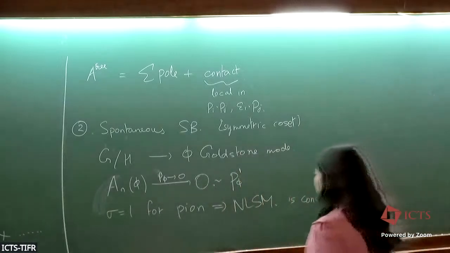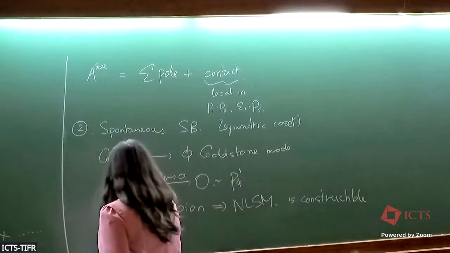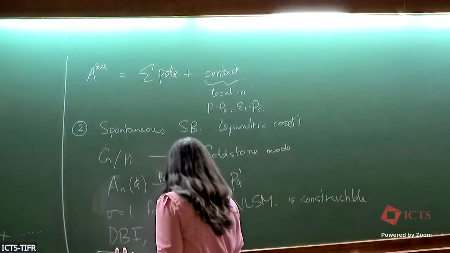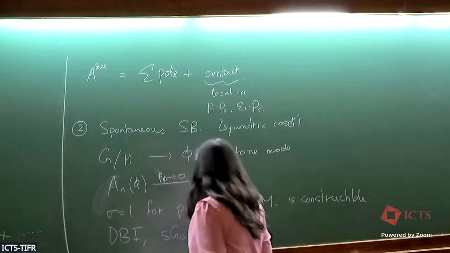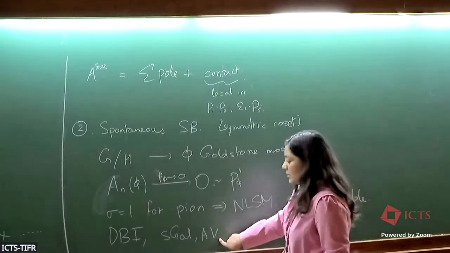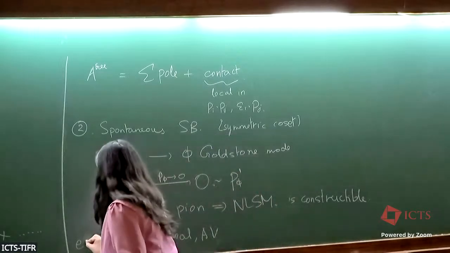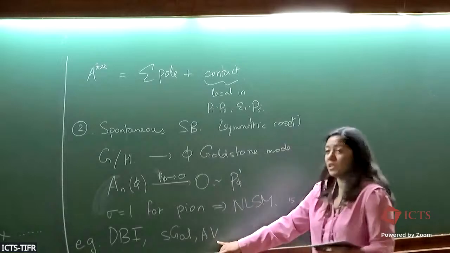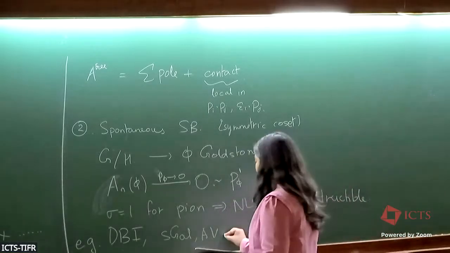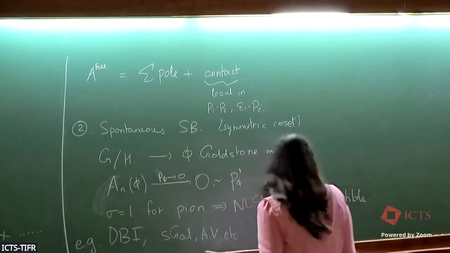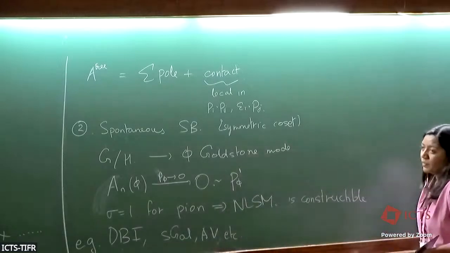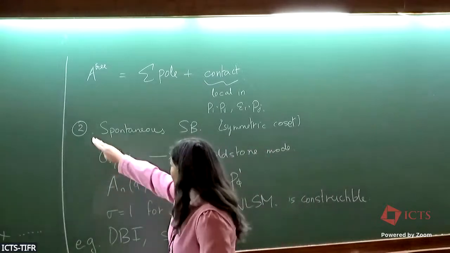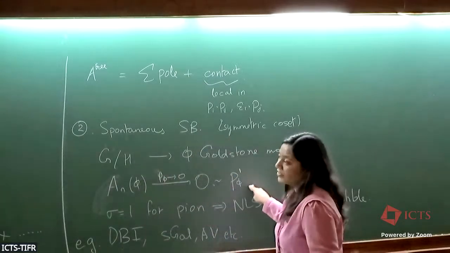Okay, so there are other examples like this, which if anyone is interested, you can ask now or later. But these are some of the other examples: the Dirac-Born-Infeld scalars, special Galileon theory, Akulov-Volkov fermions, etc. So this is roughly how it goes: there is some physical principle that tells you what kind of subtraction you can do.